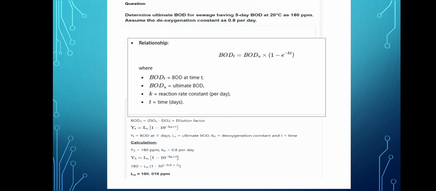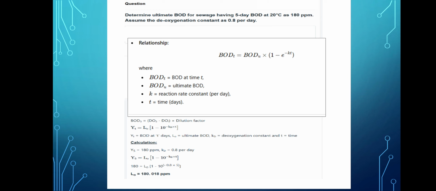The value of BODT is given as 180 ppm. In a normal dilute solution at normal temperature, 1 ppm equals 1 milligram per liter. So BOD5 is 180 ppm, which can also be represented as 180 milligram per liter.